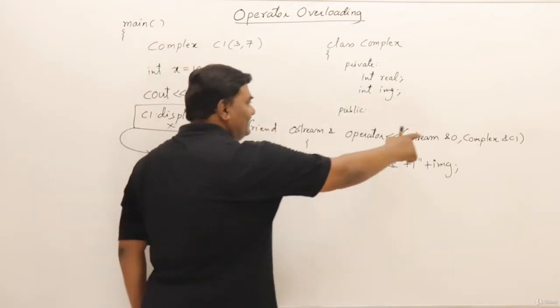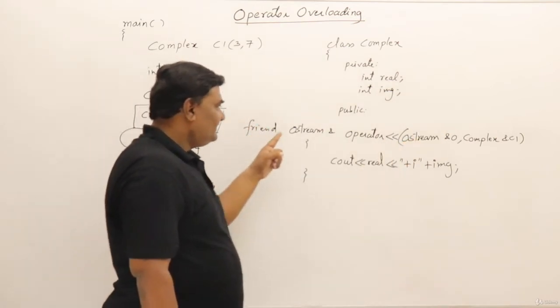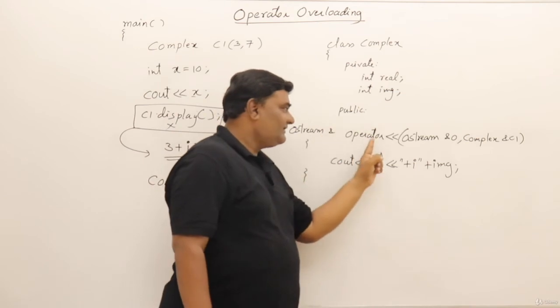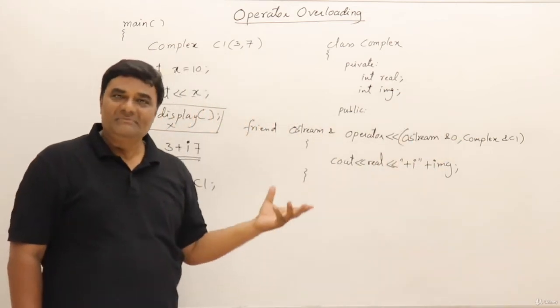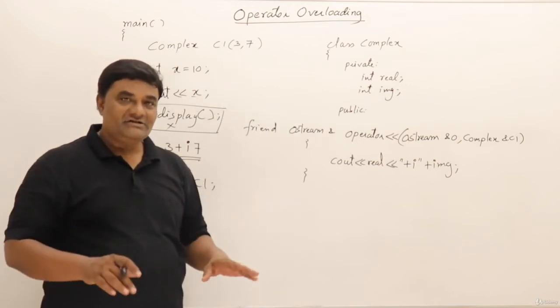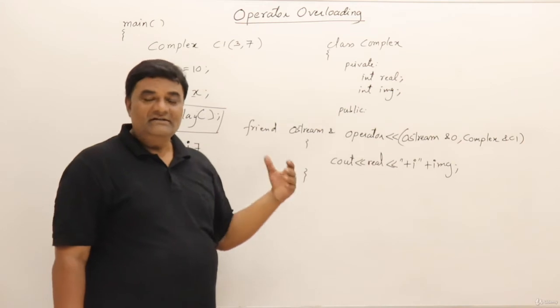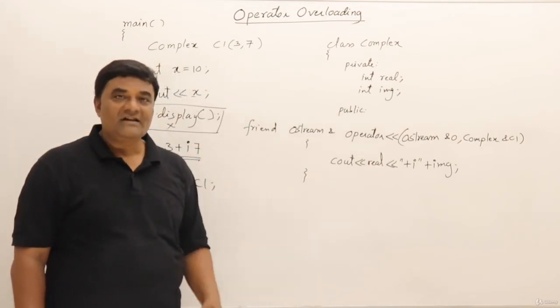This will be a very lengthy signature. It is a friend function returning an output stream reference, and this is the function name, taking two parameters. You can remember this whenever you are overloading; I have explained how it is built up.